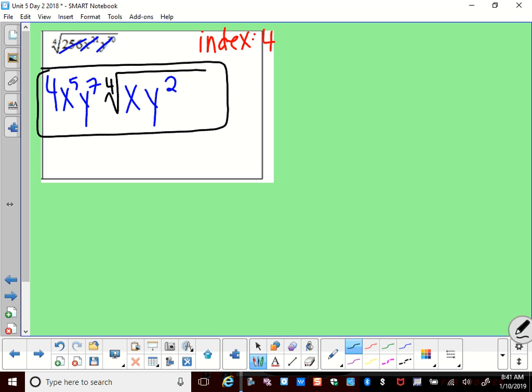Because what we're doing is we have x to the 21, because we had 21 divided by our index, and that gave us 5 point something. This first whole number tells me how many groups I have. So that's why I have x to the 5th. I know I have 5 full groups. I'm going to multiply this times my index. 5 times 4 is 20.